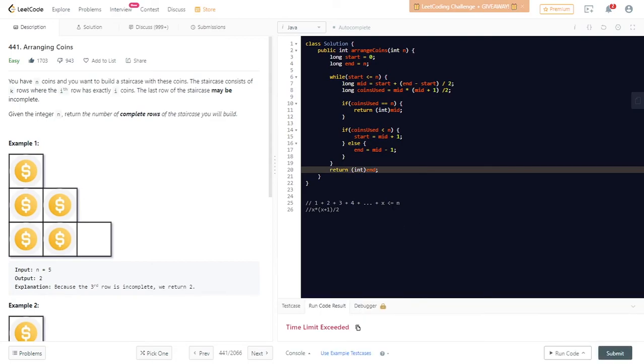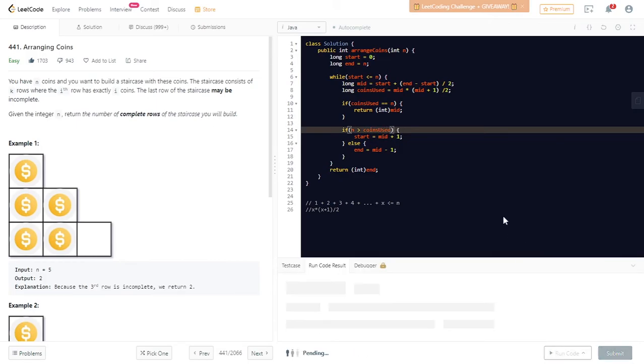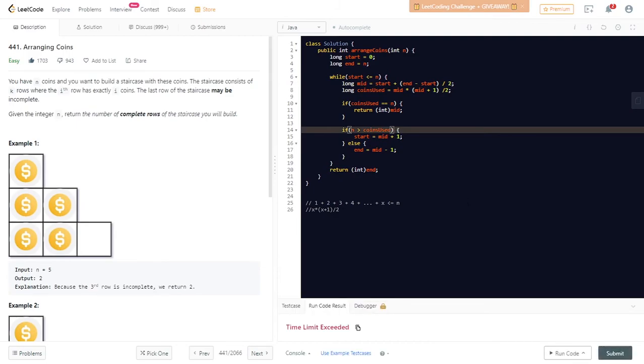Time limit exceeded. Let's see what mistake we have done. Again it would say time limit exceeded. Mid into mid plus 1 by 2, start plus end minus start by 2. These things happen.